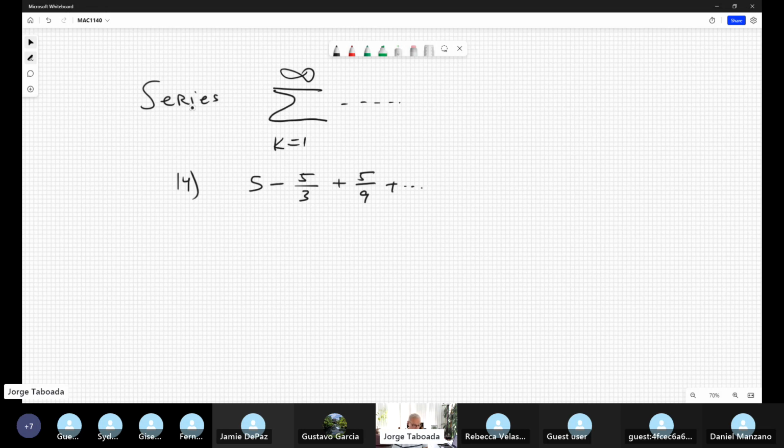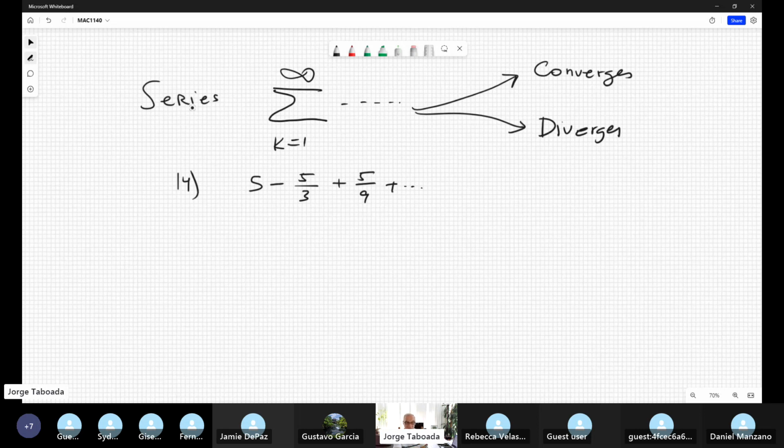I remember the professor explained that there are two options for a series: converge or diverge. By the way, diverge is the most popular, because we are adding infinitely many numbers. So what is the only possibility to converge?